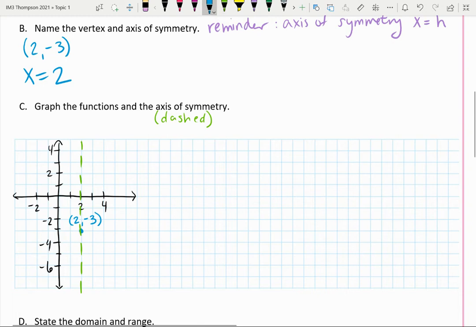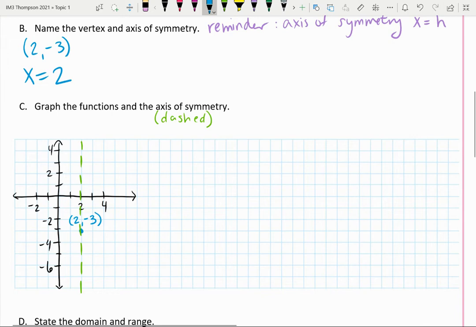Now, in order to find the next point of the graph, I have some options. I could take my original function and I could plug in some other point. So I know if I plug in 2, I get -3. If I plug in 1, what number would I get? I could plug in 1 and get a point. I could plug in 0 and get another point and graph it like that.